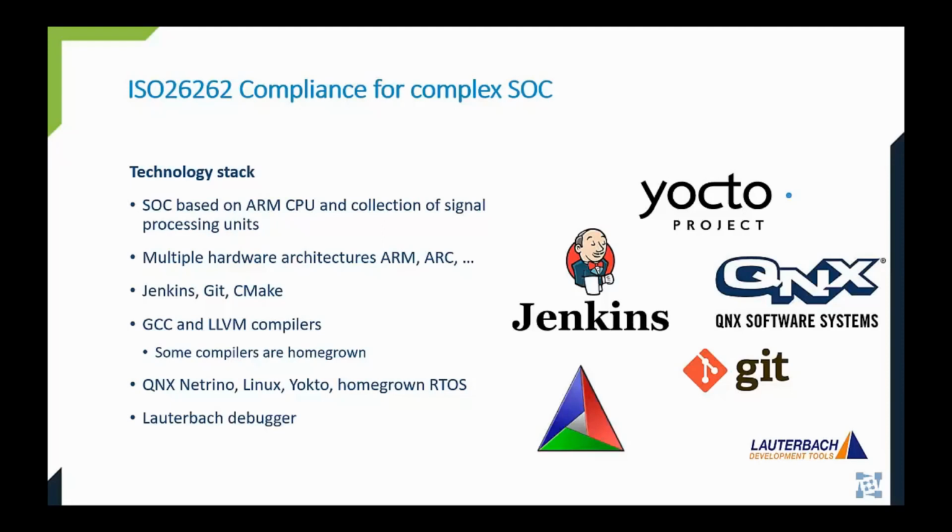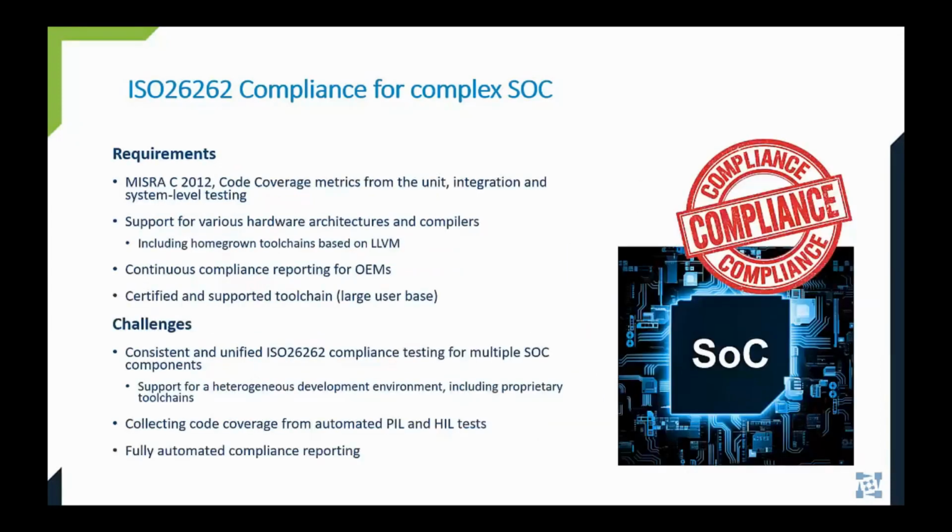So various technologies and tools are used in their development. The interesting thing is that in addition to publicly available compilers and compilation toolchains, this customer is also using homegrown compilation tools for their custom CPUs, custom processors.